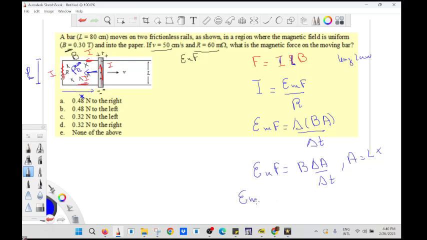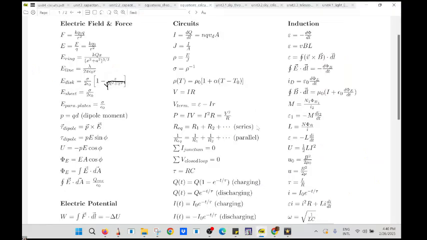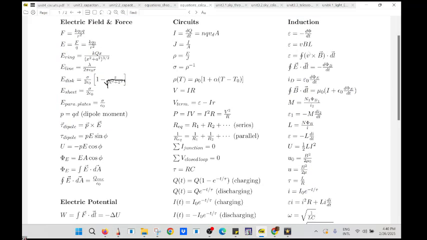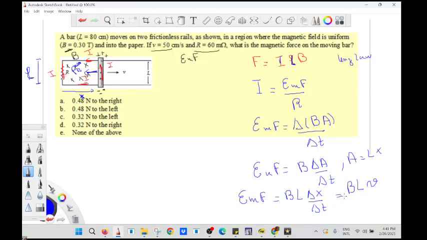So the EMF will be B, L, and then delta x over delta t, which is BLv. Actually, you don't need to derive all that because it's given. It's called the motional EMF because it's a typical problem.